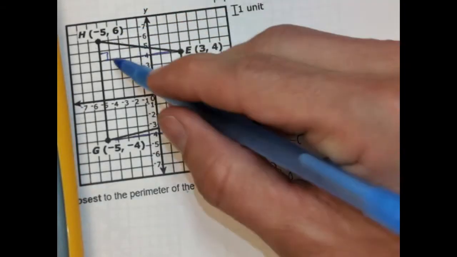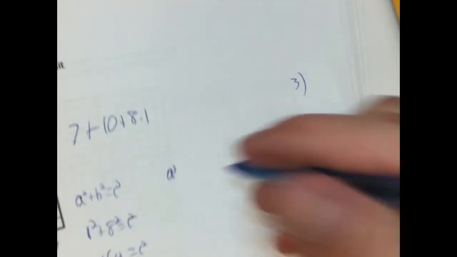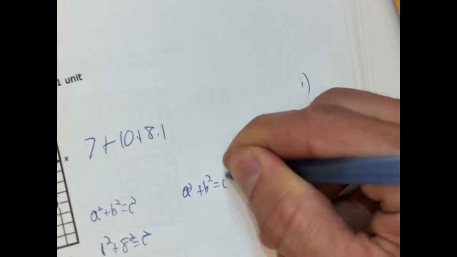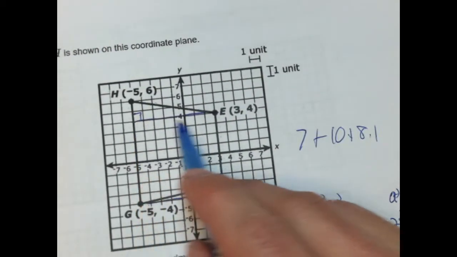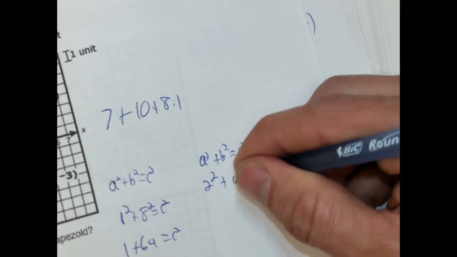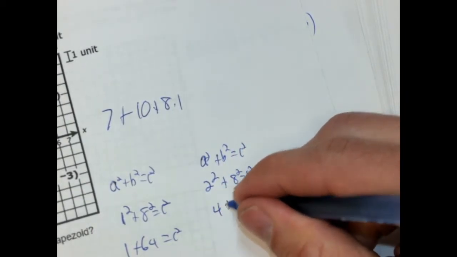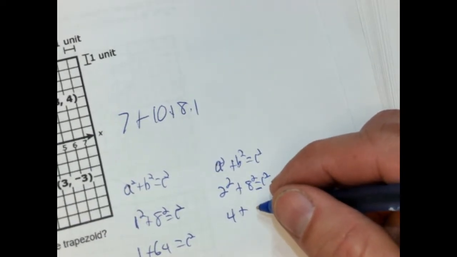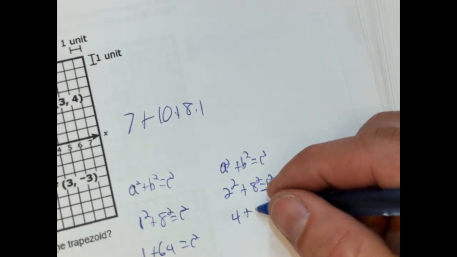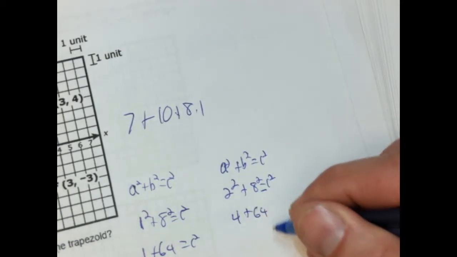So to find this distance, a is going to be 2. A squared plus b squared equals c squared. So 2 squared plus, across is going to be 8 again. 1, 2, 3, 4, 5, 6, 7, 8, yep. Plus 8 squared equals c squared. 4 plus 64, so it's going to be 68.